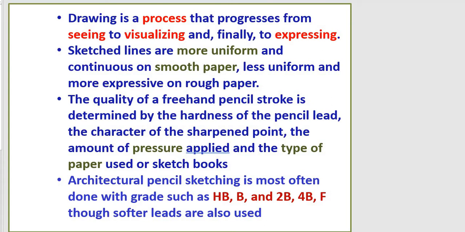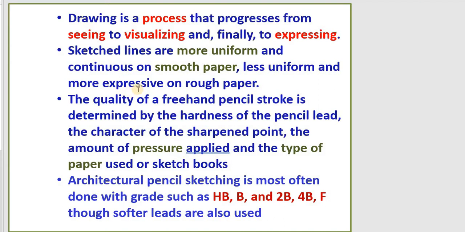That means first you see the project, you visualize that and you express it on the paper. Sketch lines are more uniform and continuous on smooth paper. If you work on smooth paper with a soft pencil, you can sketch very easily. You can describe your idea on time. You catch the idea and you do that very fast in the sketch.